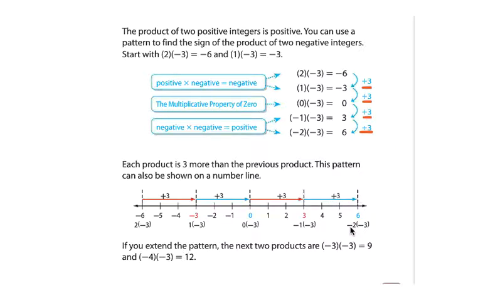Add 3 more and get to positive 6, which is negative 2 times negative 3. If you extend the pattern, the next two products, negative 3 times negative 3, should equal 9, and negative 4 times negative 3 should equal 12. Positive. Both positive. So this is just to help you understand why this works.